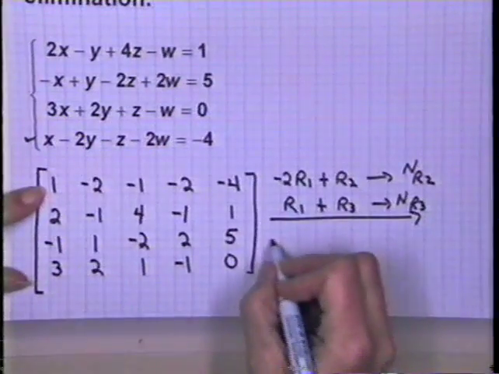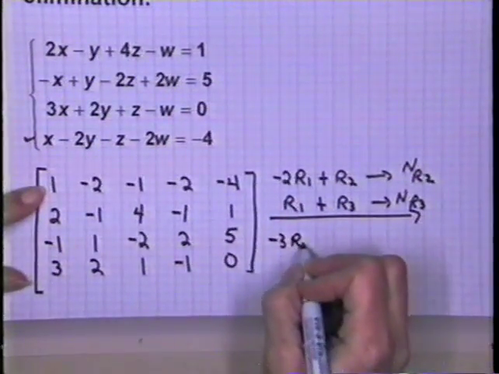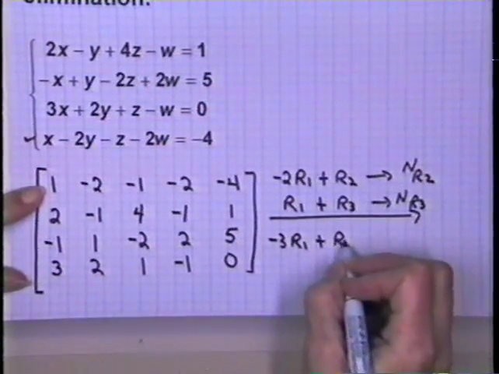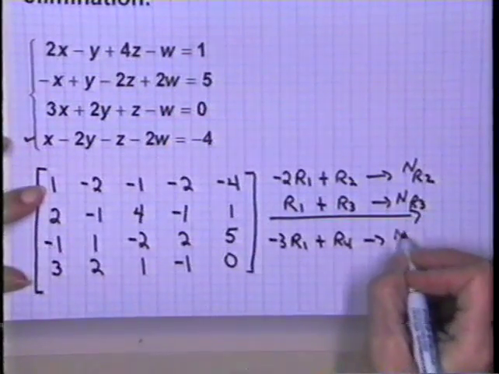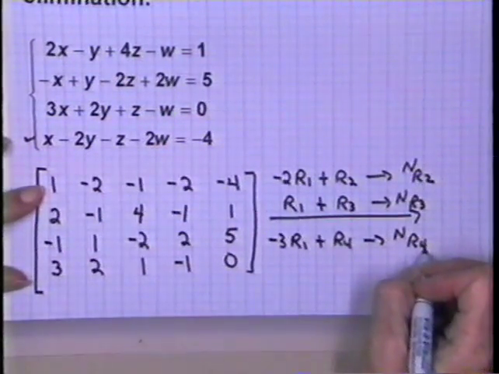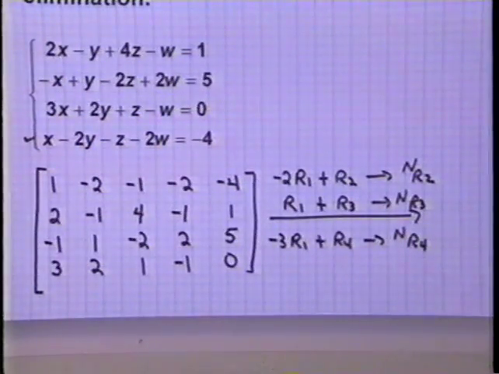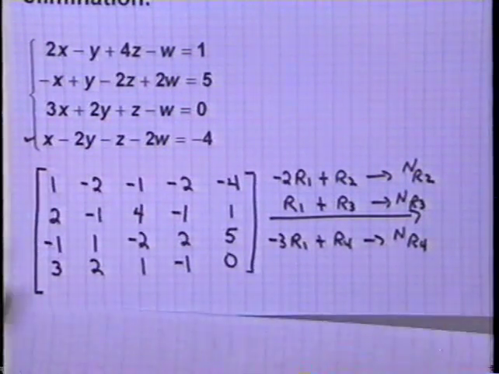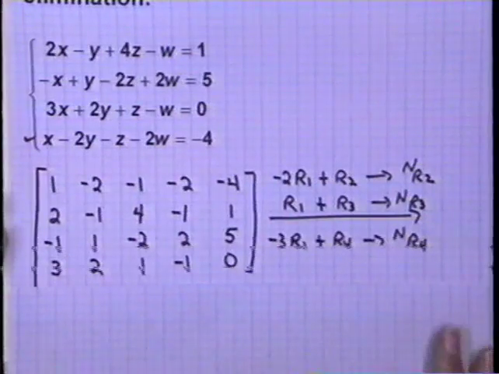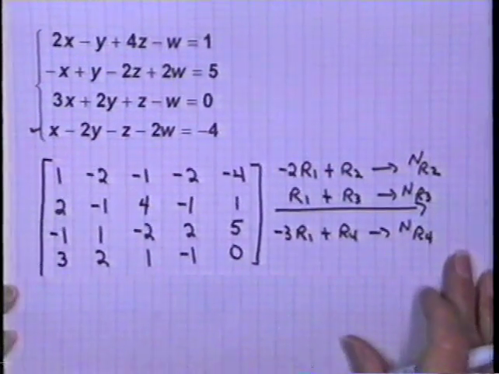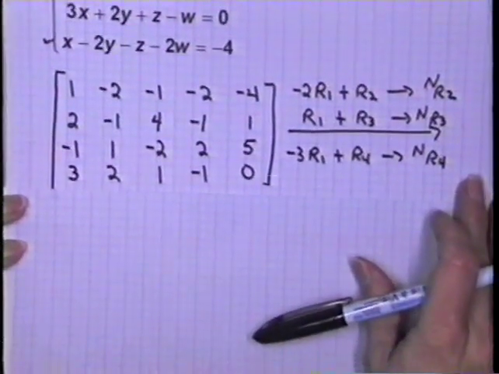So I'm going to take -3 times row 1, add to row 4, and that will become my new row 4. Now you'll notice here I've just decided what all I need to do. All I'm doing is using row number 1 to change all of those other rows underneath.